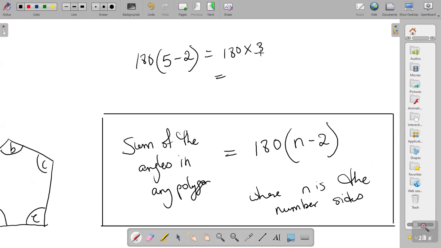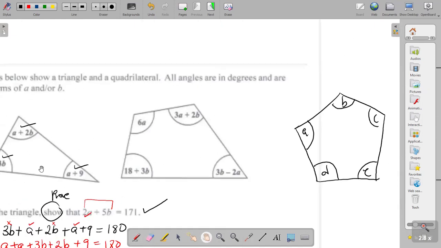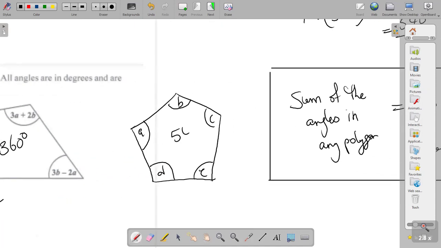And what is 180 times 3? 540 degrees. So that's the sum of the angles in a pentagon. A triangle, all the angles add up to 180 degrees. A quadrilateral, 360. A pentagon, 540. And you could work out the rest of them.